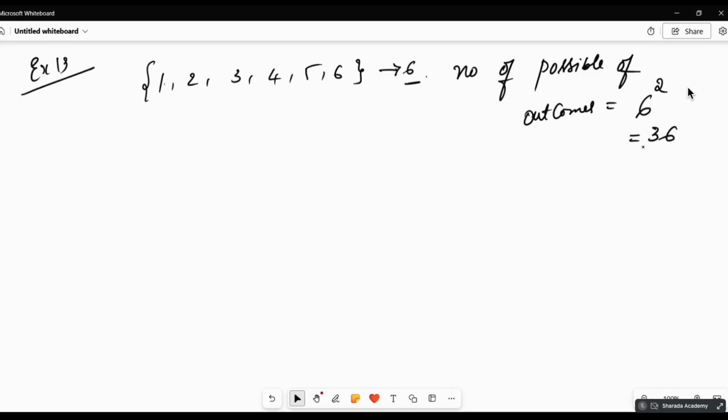If you take 3 dice, it is 6 to the power of 3, that is 36 into 6 possibilities.